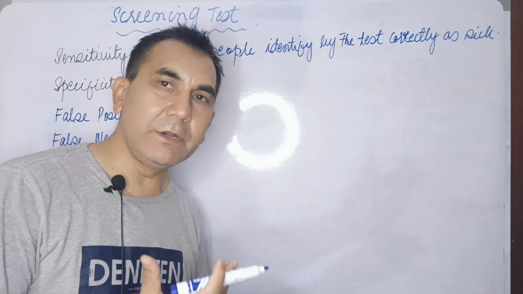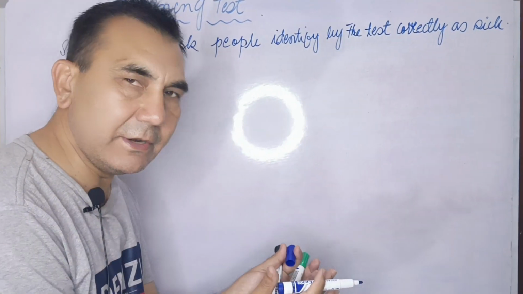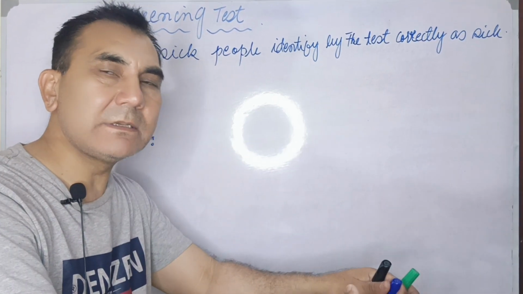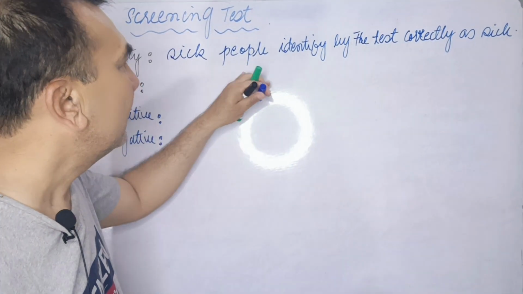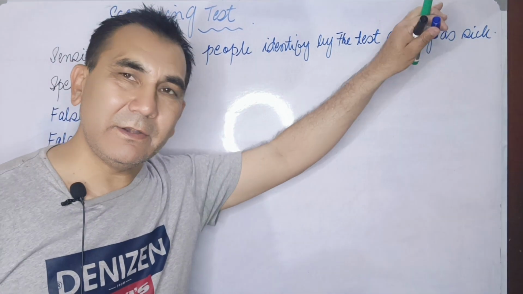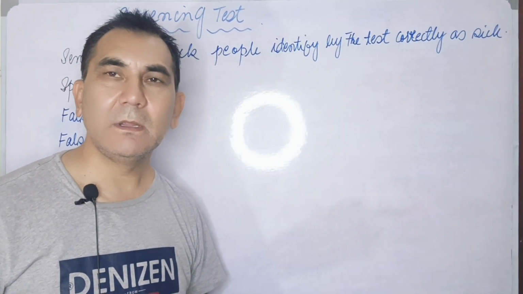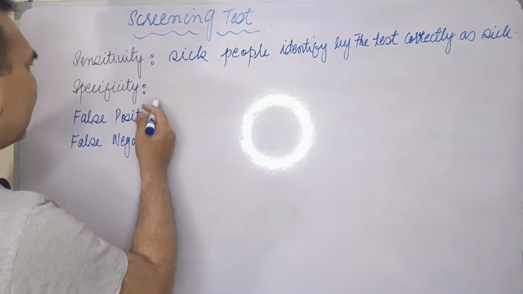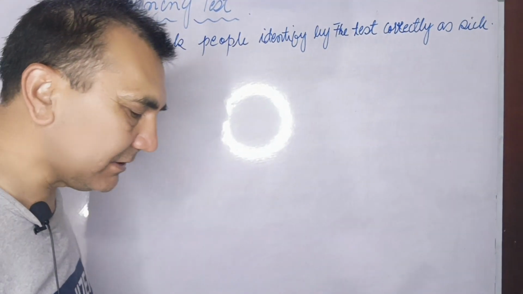The other way to say it is the ability of the test to identify, among the people on whom you have applied a particular screening test, the sick people correctly, that the sick people are identified as sick. And the second one is specificity.